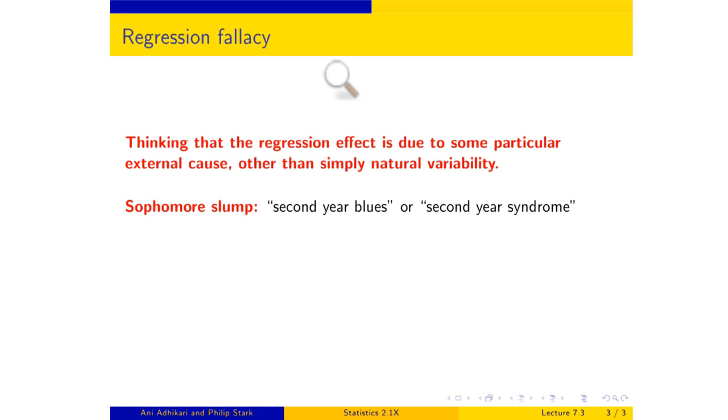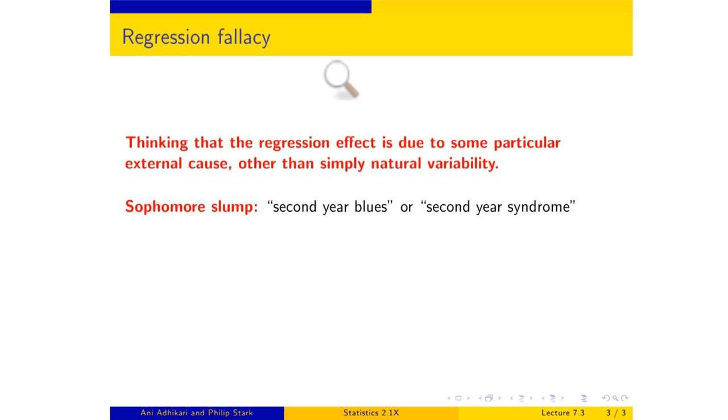For example, in baseball, the rookies of the year, the rookie is a first-year player, and so rookie of the year is a first-year player who does better than every other first-year player. And people are very interested in following these players in their second year, and do you know, in their second year they don't do quite as well on average. And people get terribly excited about this.